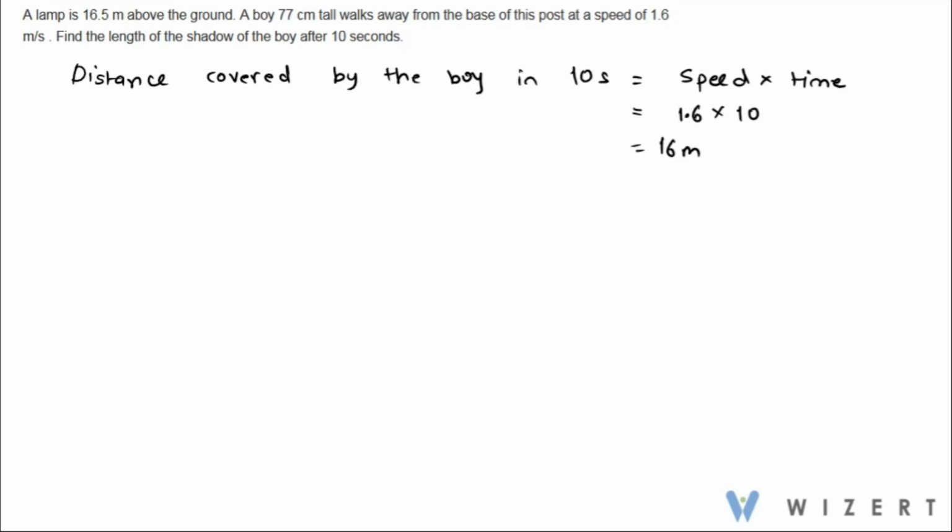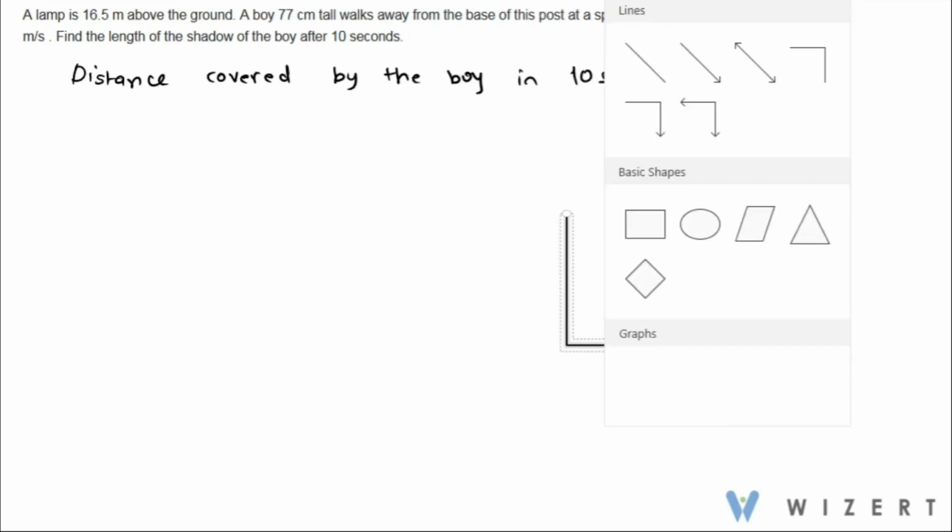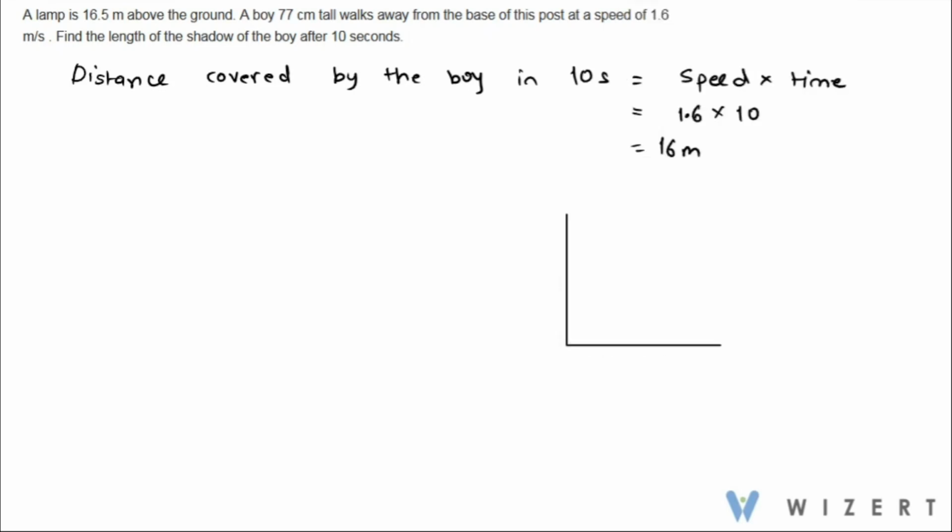Now let's try to visualize this. We have something like this here, and this is the 16.5 meter height of the lamp. This is shadow of the boy, x meters.